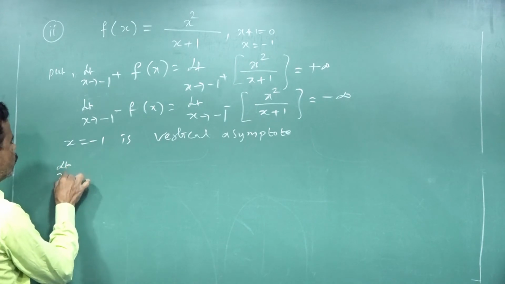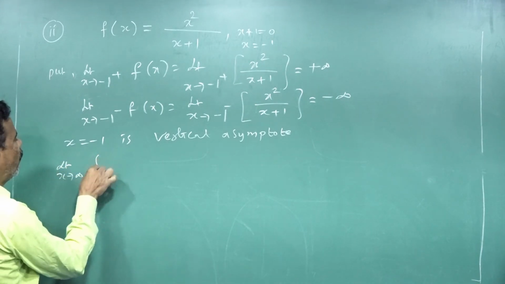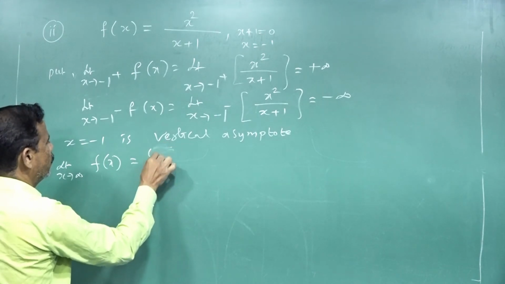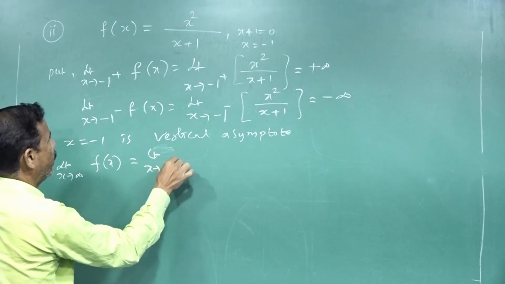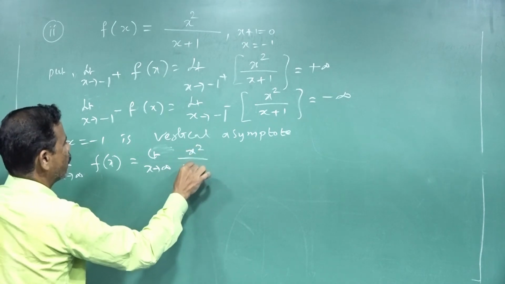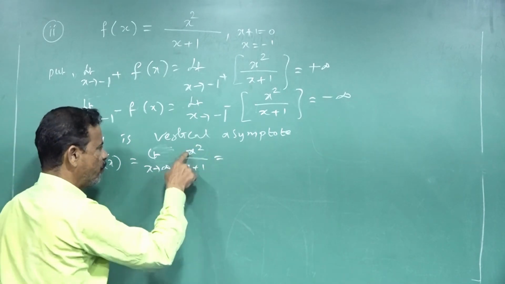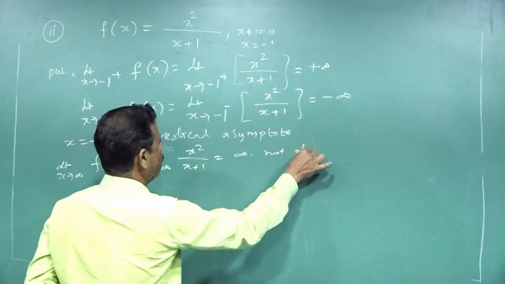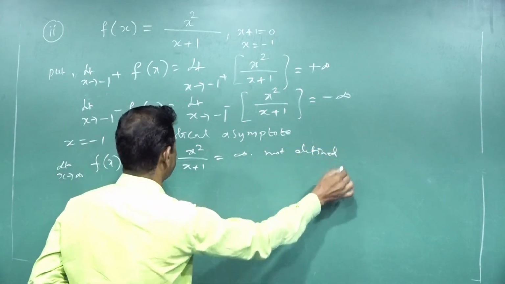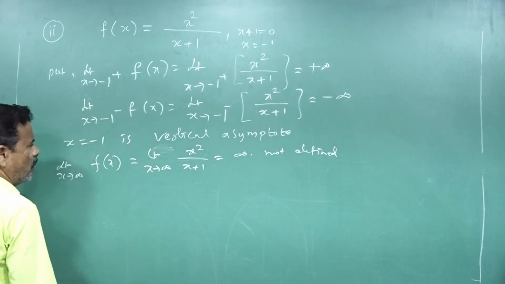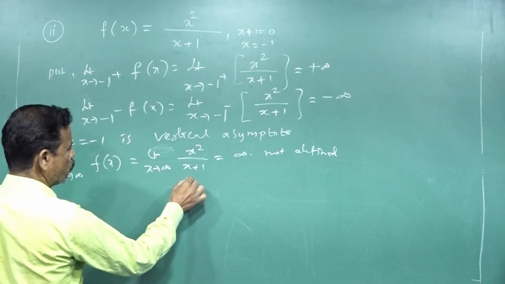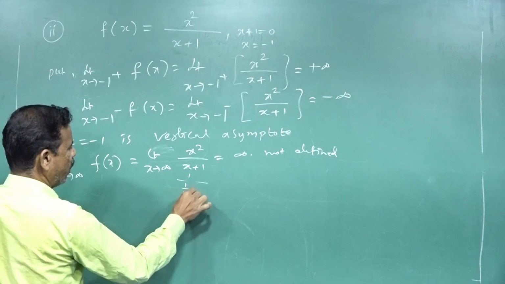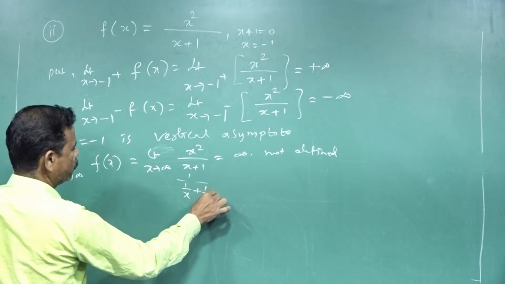limit x tends to infinity of f(x) is limit x tends to infinity of x square by x plus 1. This is infinity by infinity, so it is not defined. Otherwise, simplify by dividing by x square: 1 by x plus 1 by x square.